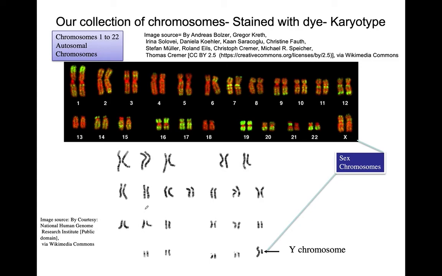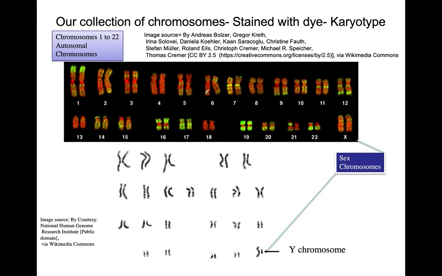Just a reminder of the chromosome composition of sexually reproducing organisms. So we're using human beings as an example. In human beings, we have 23 pairs of chromosomes altogether. I'm showing you the chromosome lineup of a female in here and of a male here.